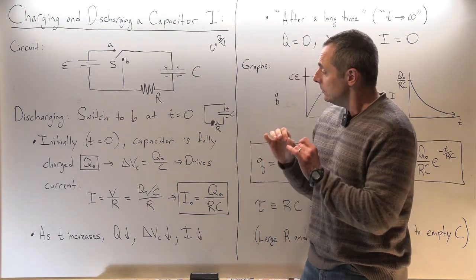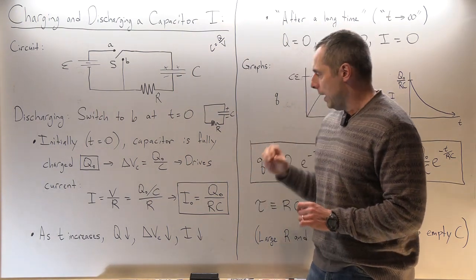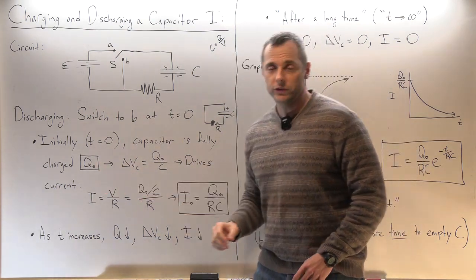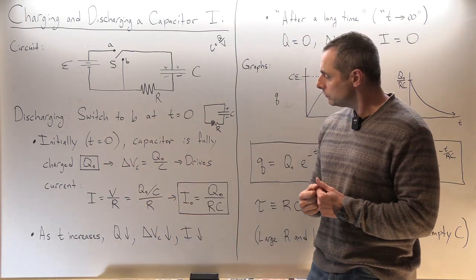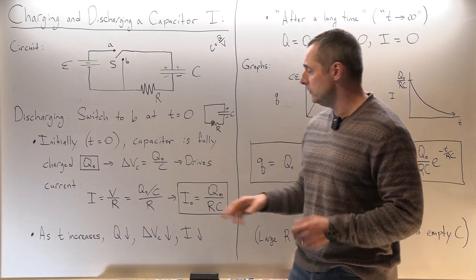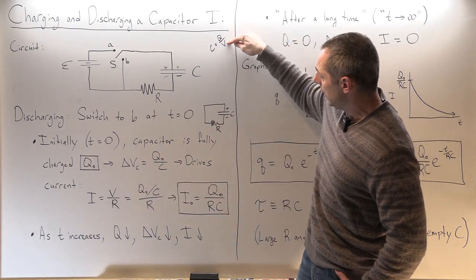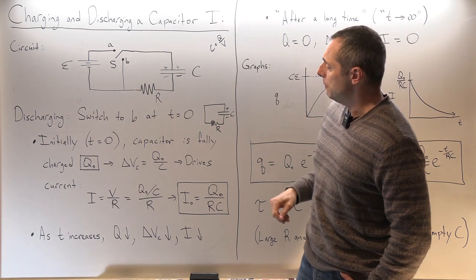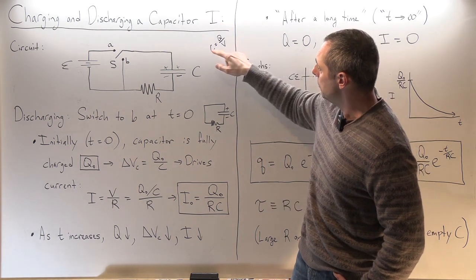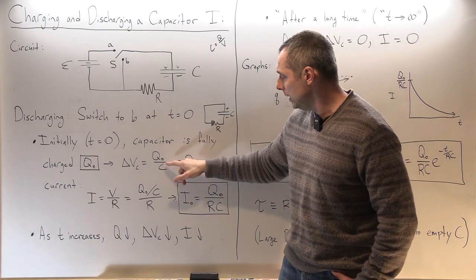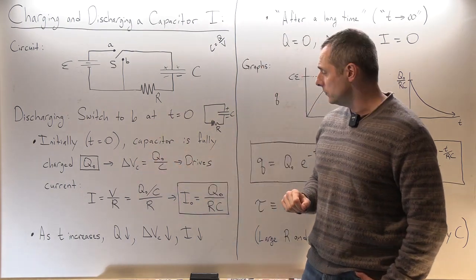So initially, time t equals 0, the capacitor is fully charged at Q_0, whatever charge we started at. And that therefore means that there's an original voltage, because if you've got a charge, you've got to have a voltage for a certain capacitor. So I just solved this for V by dividing by C, and that's the original voltage on the circuit.